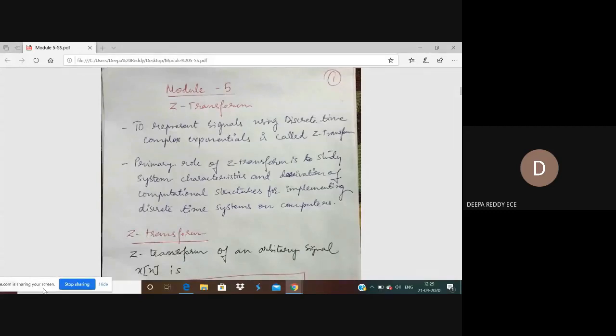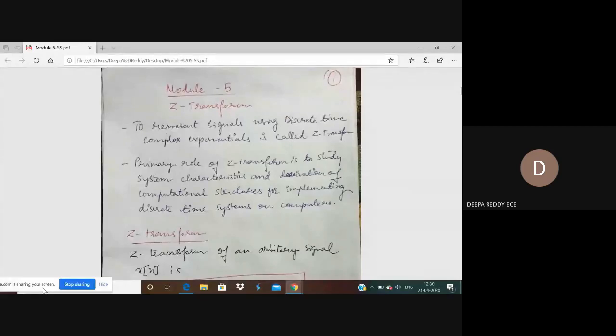We will be discussing discrete time signals. So we are representing the signals using discrete time complex exponentials. The important thing is the discrete time complex exponential. That is what we'll be doing in Z transforms.